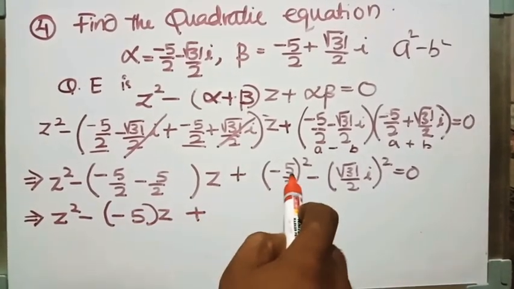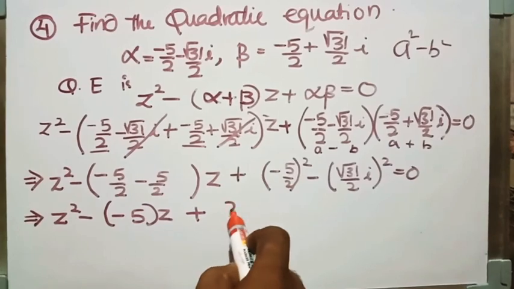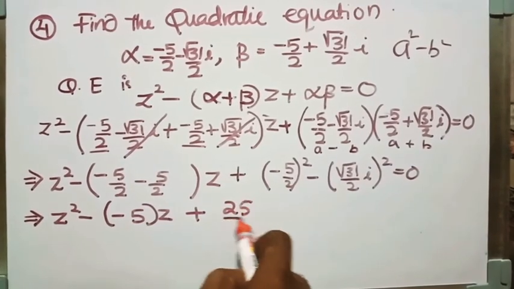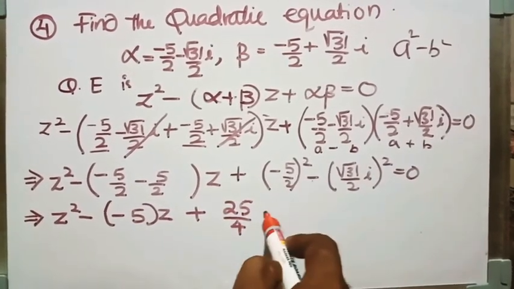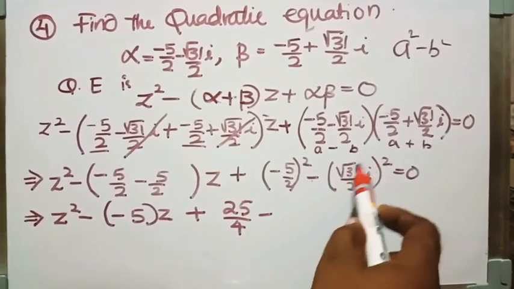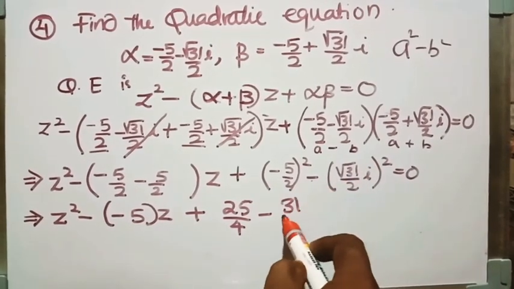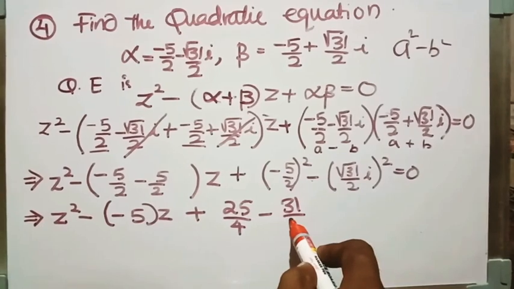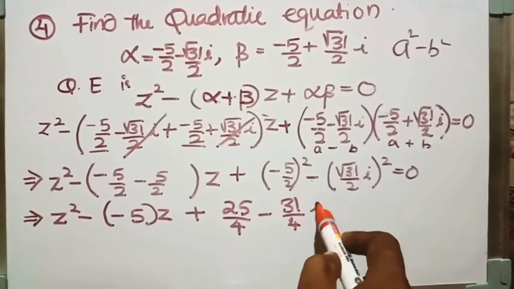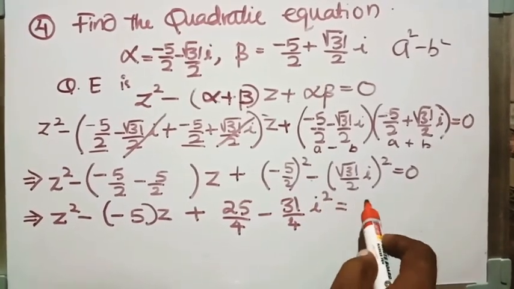Plus, when you simplify it, it is 25 by 4 minus root 31 squared is 31 by 2 squared is 4, i squared is equal to 0.